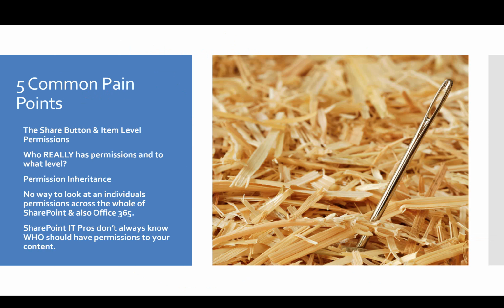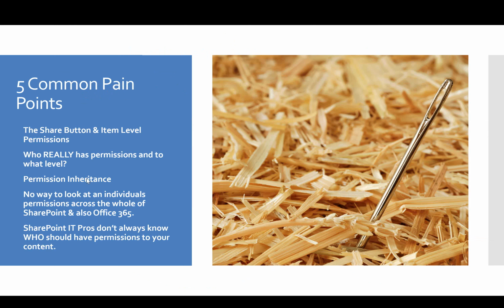If you're using Active Directory security groups, one of the challenges is for the end user to manage permissions, because they don't truly understand who has access to their content. They can't enumerate these Active Directory groups, and quite often IT, as far as the SharePoint admin is concerned, don't know who's in those groups either, and therefore we don't really know who can access the content, which quite possibly could be of a secure nature.